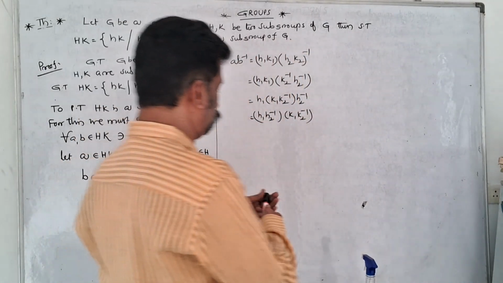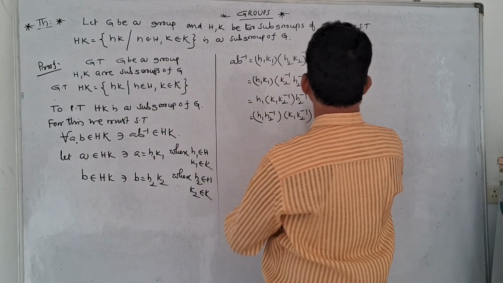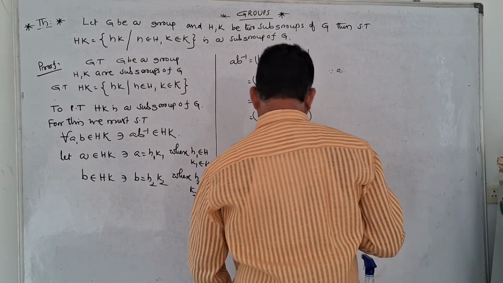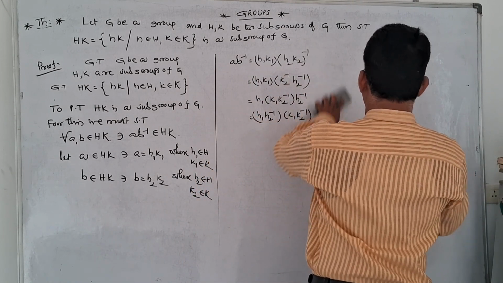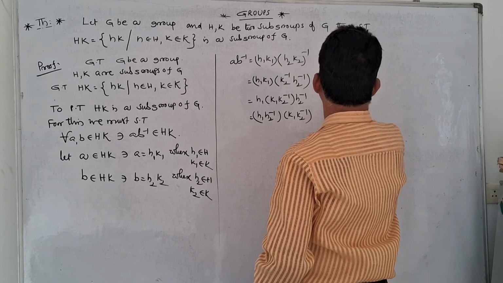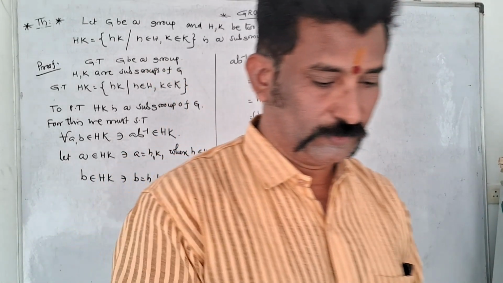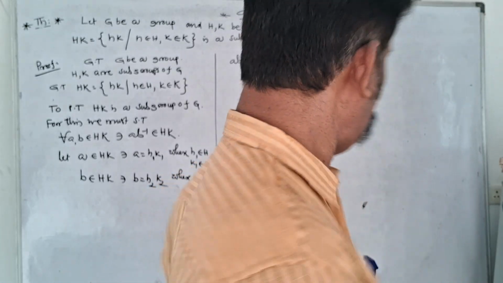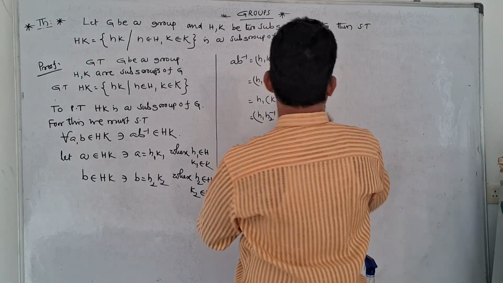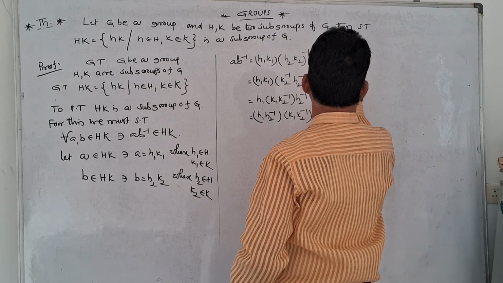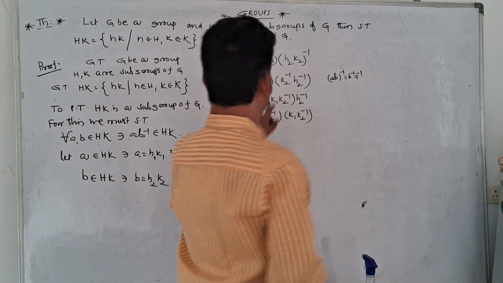Now ab whole inverse is equal to b inverse into a inverse, just like that.